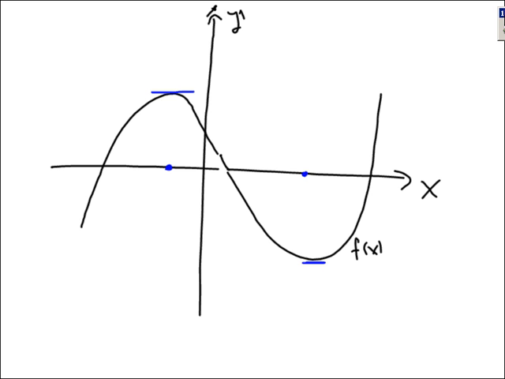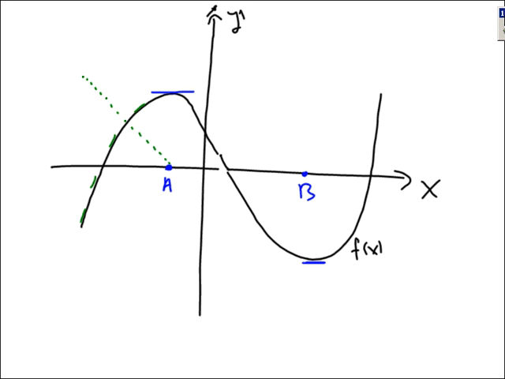Now, let's just label this A and B. To the left of A, the slope is very positive, less positive, less positive, less positive. Okay, going to 0. So the slopes are coming down.